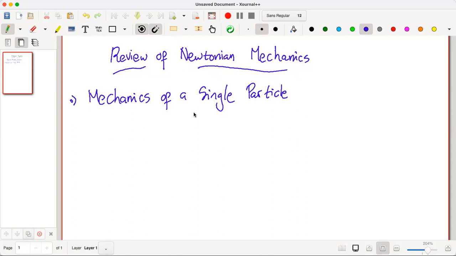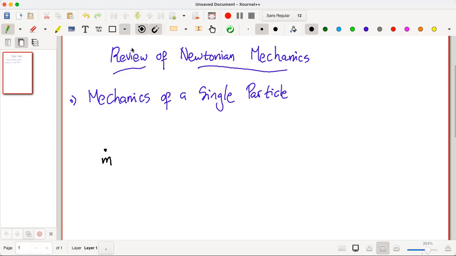And also we are given information about all the forces that work on that particle. Let's focus now on a single particle. There's only one particle, and it can be modeled as a point particle. It has no shape, no geometrical structure, no distribution of mass. It has only its total mass.